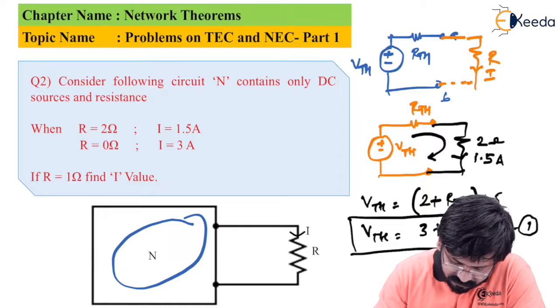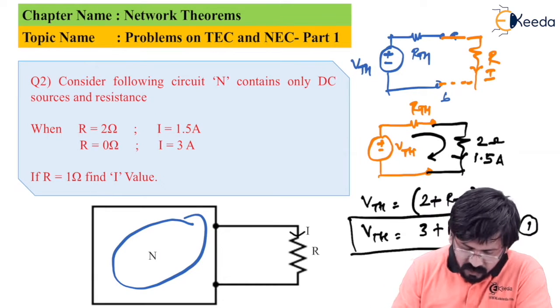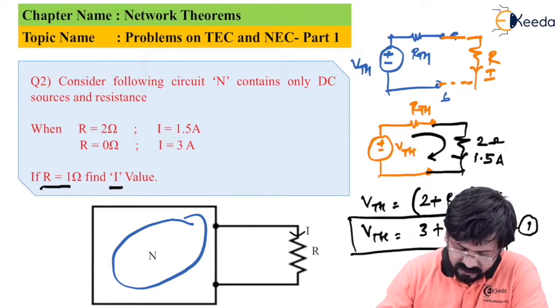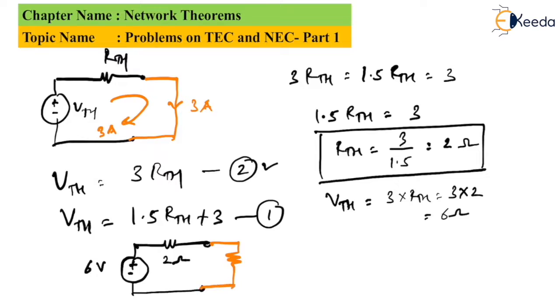In the question, they ask at the end, if R equal to 1 ohm, you have to find the value of I. So now they are asking you to connect a resistance having value 1 ohm and find the value of I. This I can be found by simply Ohm's law, I is equal to supplied voltage divided by total resistance. So voltage is 6 and total resistance is 3, which comes out to be 2 ampere.